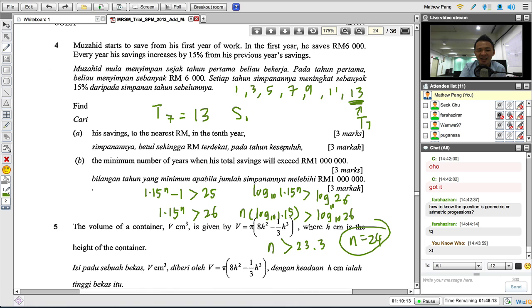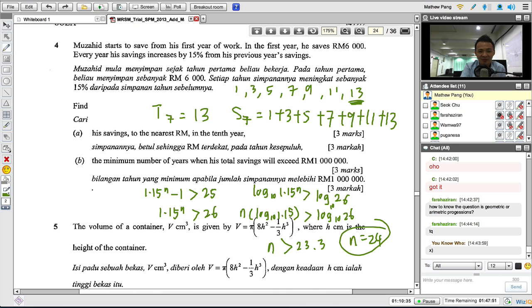But what's the meaning of S7? S7 means we have to sum from the first term to the seventh term. So S7 must always start from the first term. I mean 1 plus 3 plus 5 plus 7 plus 9 plus 11 plus 13. This is the meaning of S7. Alright, S7 is totally different from T7.